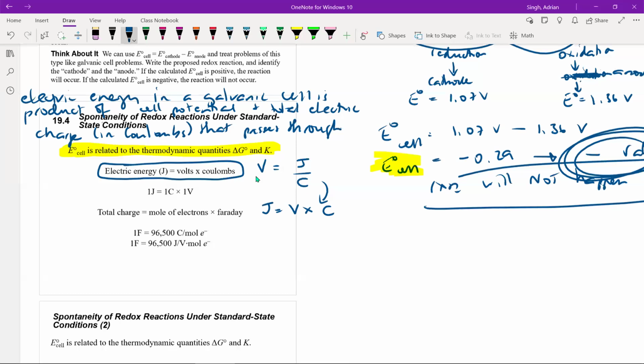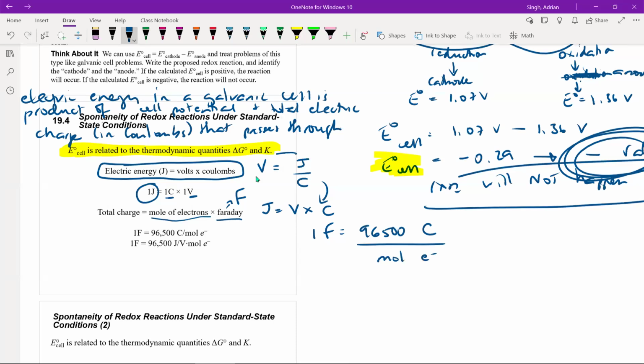So the electric energy, joules, is the product of coulombs and volts, and the total charge then is the product of the number of electrons in terms of moles times Faraday's constant, which we abbreviate as big F. So Faraday's constant is a constant, it doesn't change, and it's named after a scientist. And 1 Faraday is the same as 96,500 to 3 sig figs coulombs per mole of electrons.